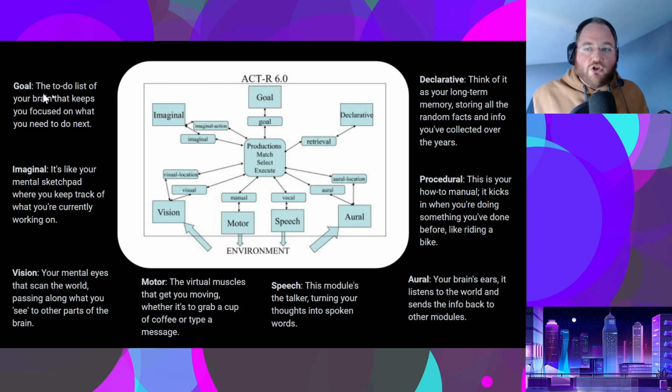We have a goal buffer. We have declarative knowledge, which is where all of your long-term memory comes from, storing facts, storing things that have happened to you, things you've observed directly from the world. They're all getting stored in a similar way inside the declarative module. The procedural module is where a lot of our work comes in as the modeler, which is us saying, this is the how-to, right?